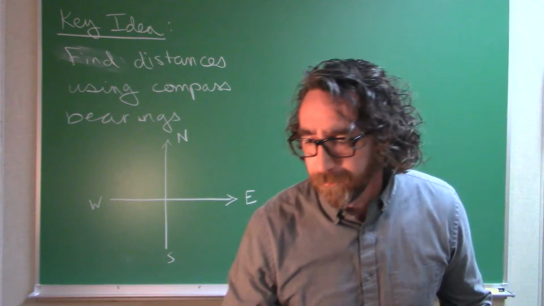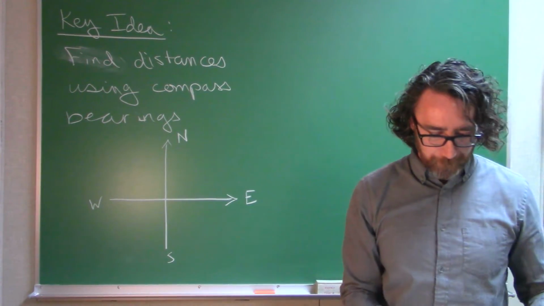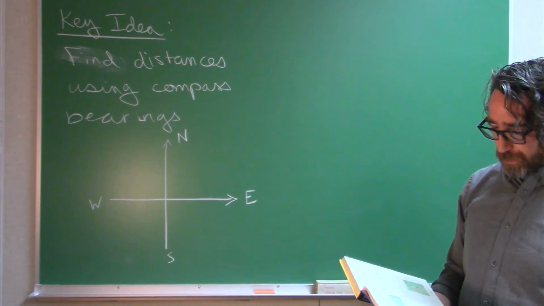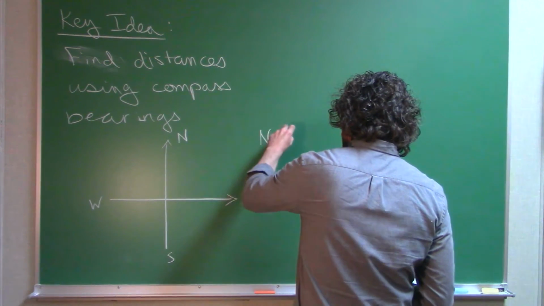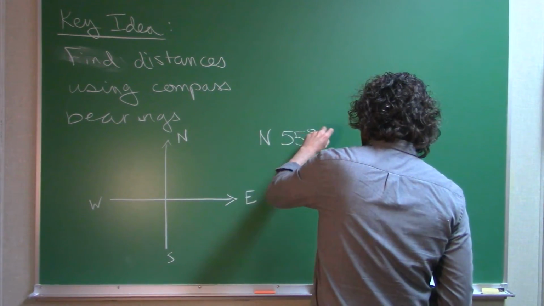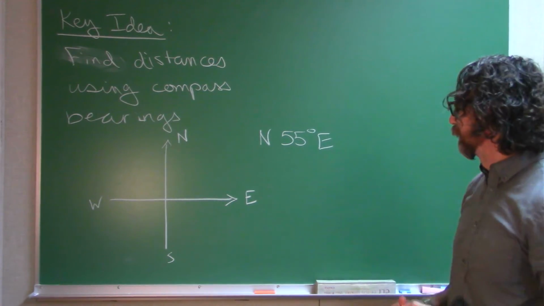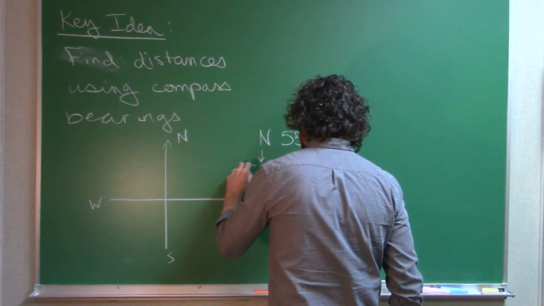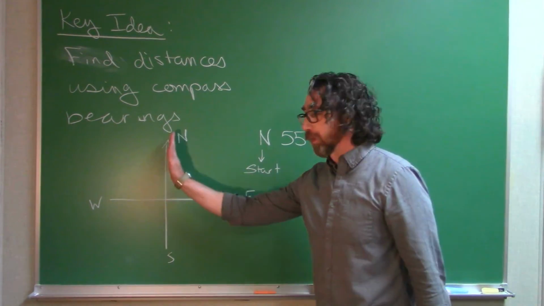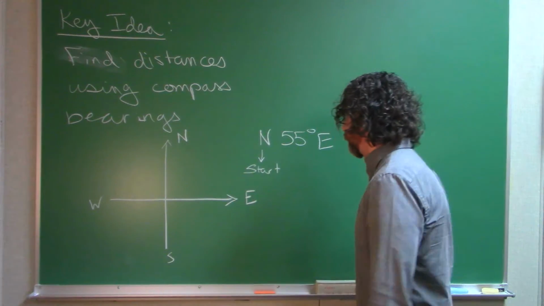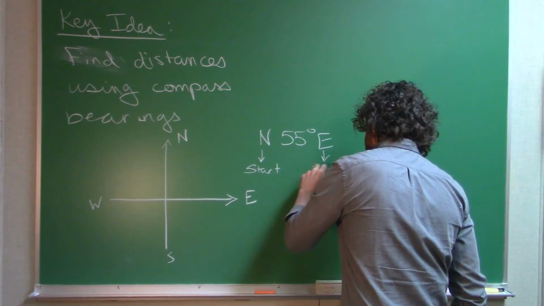Okay, so let me give you an example or two here of just some compass directions. So if we were talking about north, 55 degrees east. The first direction is where you're going to be starting. You start there, along that line. This is the angle of rotation, and this is the direction of the rotation.